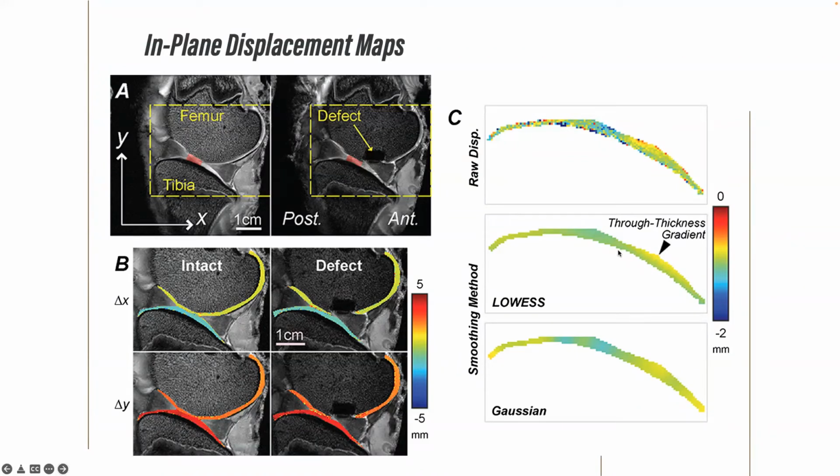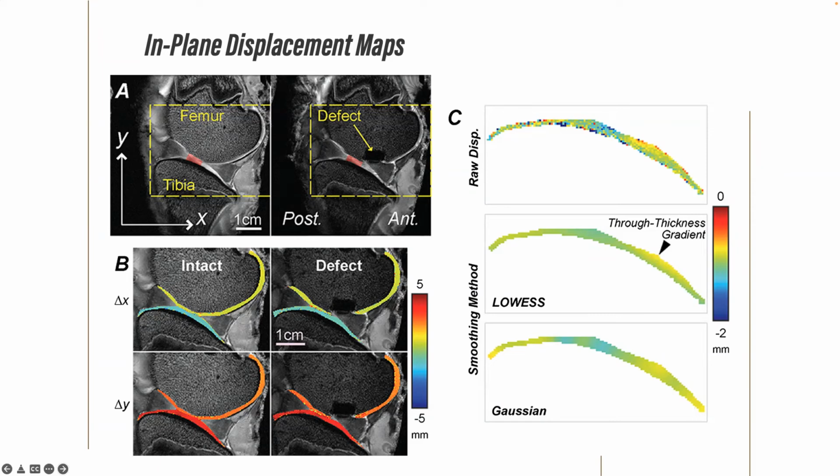And we expect this because we don't anticipate that anything near the relatively rigid bony contact is going to change as much as the displacement of the articular surface of the cartilage where we are compressing. And so we expect that you're going to have this gradient in displacement just because you have a rigid surface on one side and you're getting contact from, in this case, the meniscus on the other side.